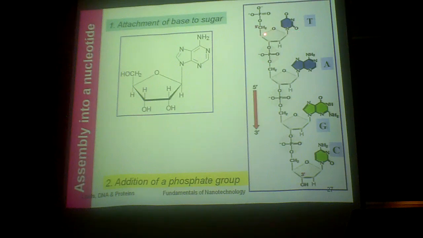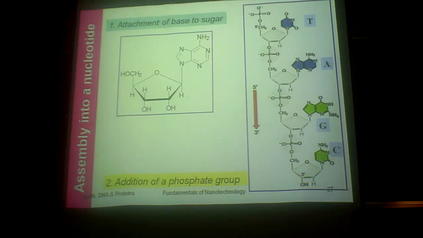You can see here, this is the 5th, so we call this 5 prime, because 1, 2, 3, 4, 5. And over here is the third, the OH group, so you go from 5 prime to 3 prime, and then you have another one going from 3 prime to 5 prime here, then you have a complementary strand, and then you form a nice hydrogen bonded strand that then conforms into a double helix structure.